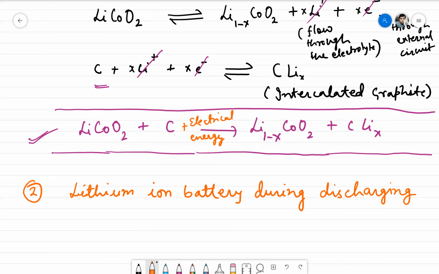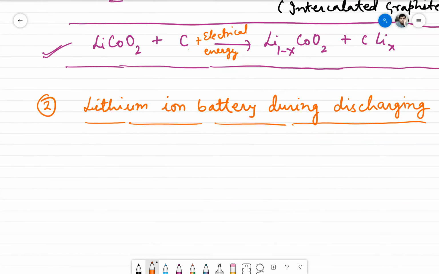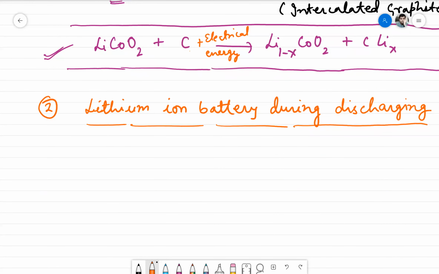Now during discharging, which means we are using the lithium ion battery, the lithium ions flow back through the electrolyte from the negative electrode to the positive electrode.